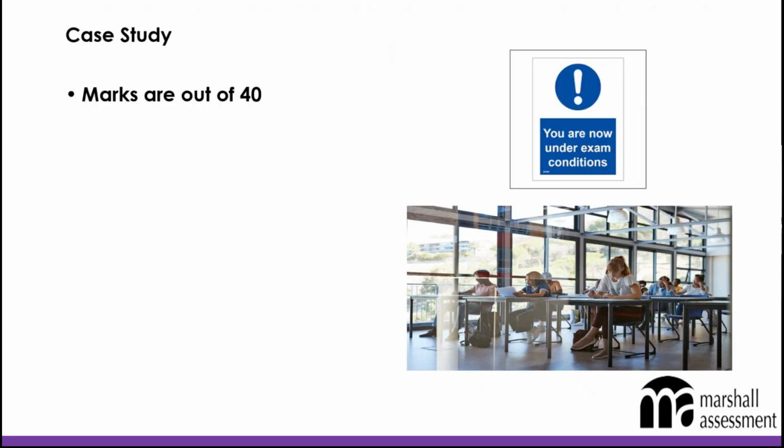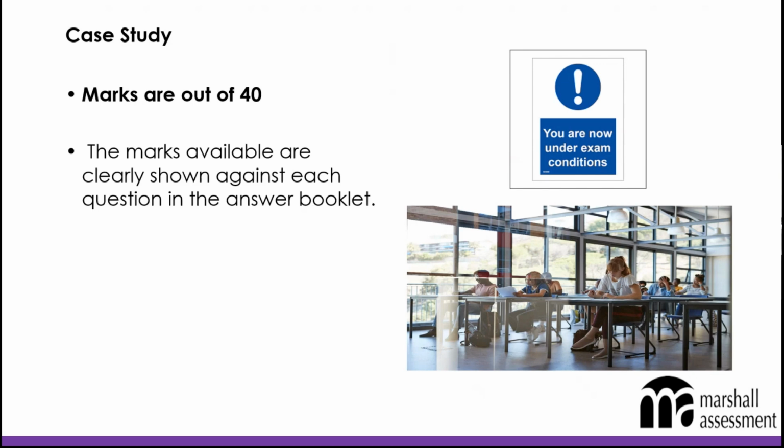That's how many marks you can expect in total if you add them all up on the paper. Every question has its own set of marks, and that gives you a really good indication of how many points to make, how much depth and detail to go into. Pass mark is 20, so 50%, and a score of 30 or more will actually give you a distinction grade within this assessment hurdle.